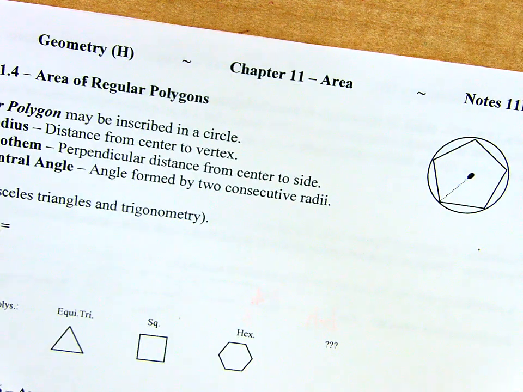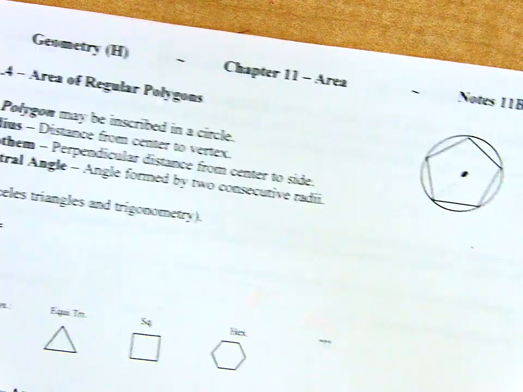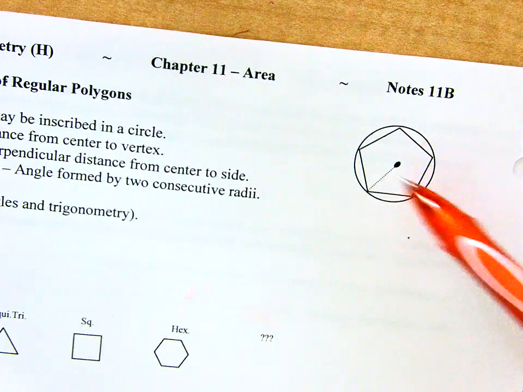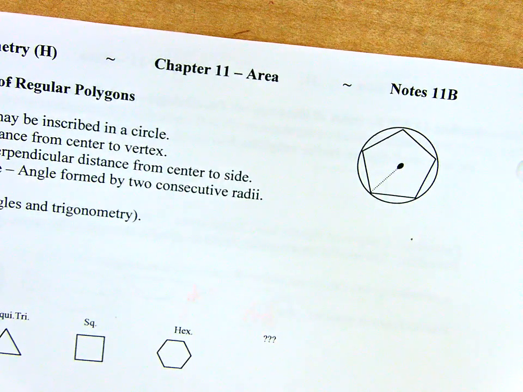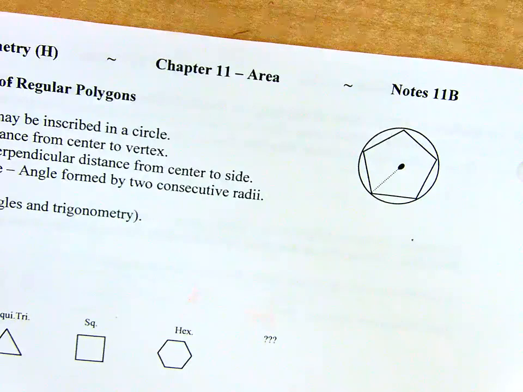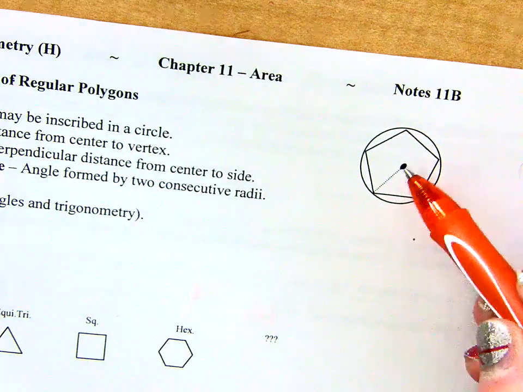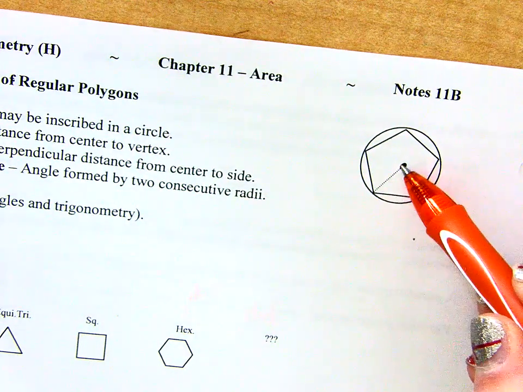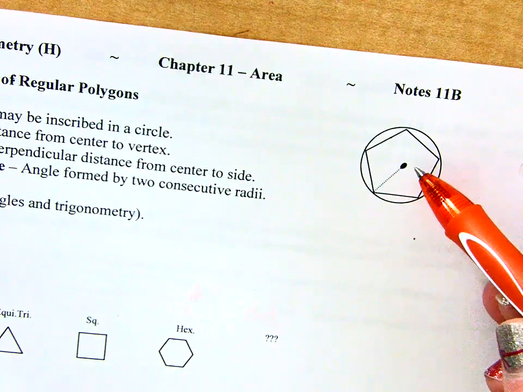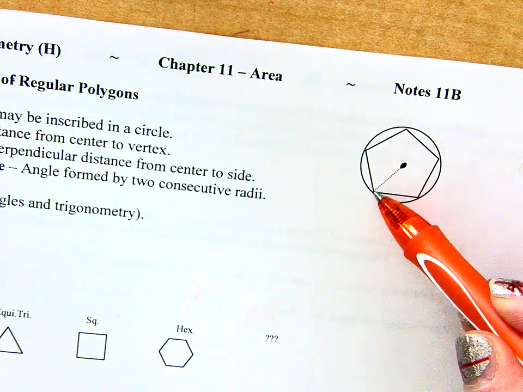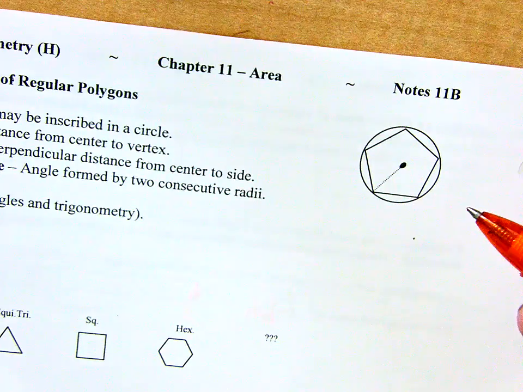They would just have to be all the same lengths and all the same angles. Now, if you have a regular polygon, this is so cool, you can inscribe it inside of a circle. How neat! Now, what do I call this segment that goes from the center of my circle, which is also the center of my shape, to the edge? That's a radius.